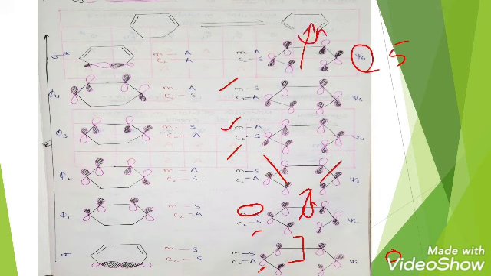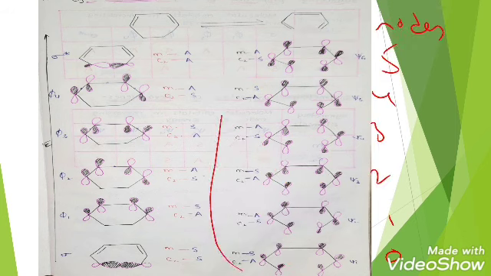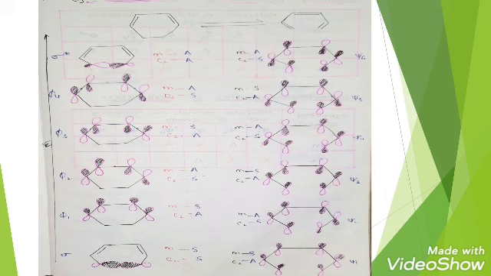So these are the symmetry properties of hexatriene. Now write the correlation diagram for these molecular orbitals.